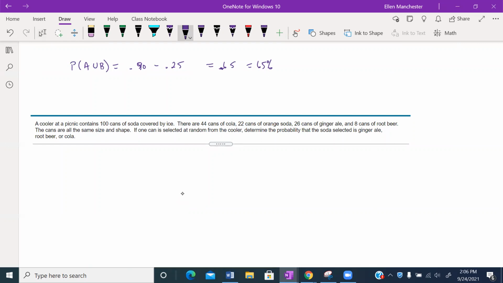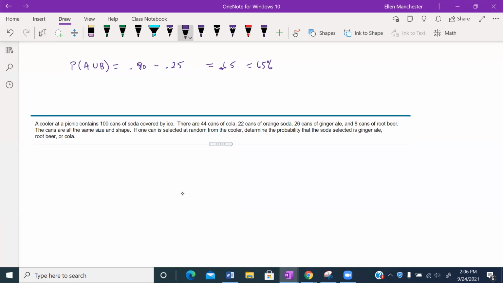So we have a cooler at a picnic. It contains 100 cans of soda covered by ice. There's 44 Cokes, 22 orange sodas, 26 ginger ales, and 8 root beers. The cans are all the same size and shape. If one can is selected at random, so this is a simple event, okay?